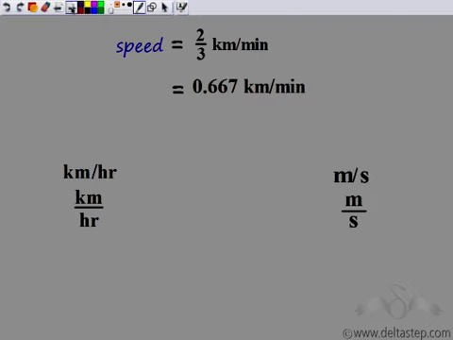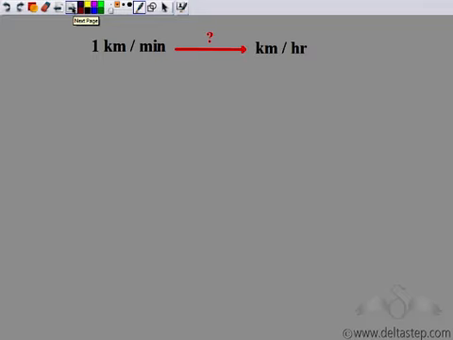I want to see how can I convert 1 kilometer per minute into kilometers per hour. We know that 1 kilometer per minute is nothing but 1 kilometer divided by a minute. Now I can multiply the numerator and denominator by 60. That would not change the value.